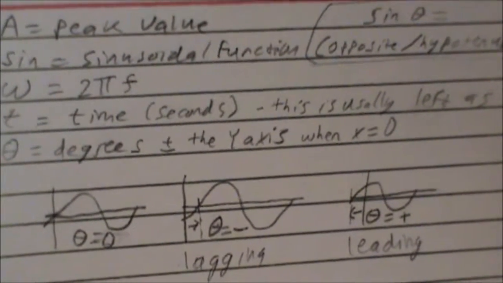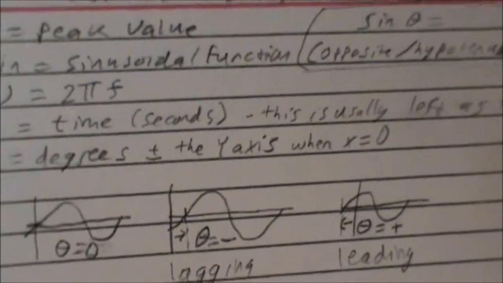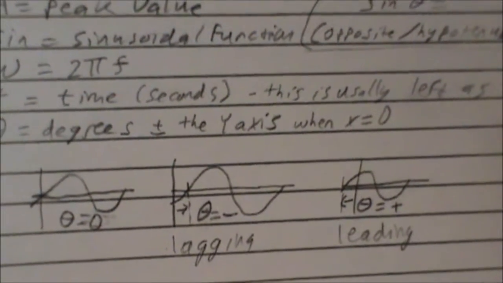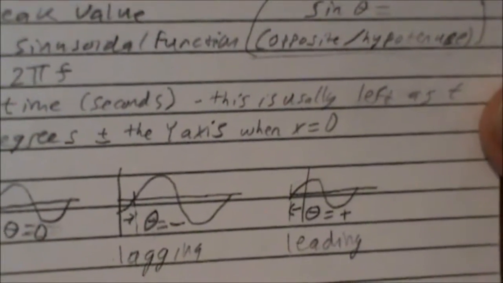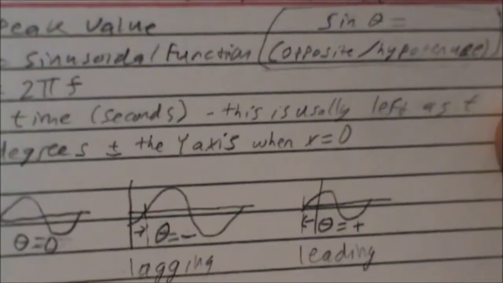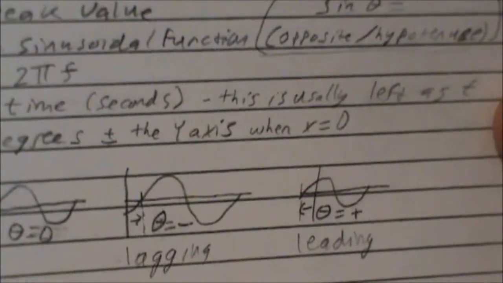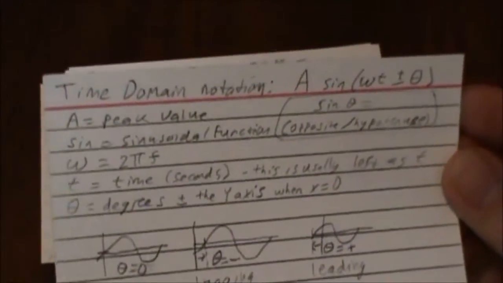And that's when our sine wave crosses the x-axis, then our angle is going to be negative. And then if our sine wave crosses the x-axis at x equals, say, for example, -1, then we say the angle is leading and is positive. And that's just how that works.